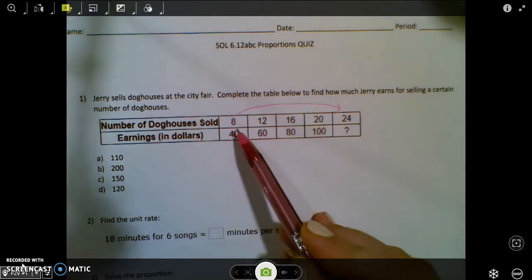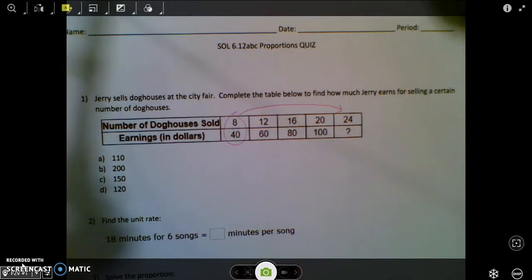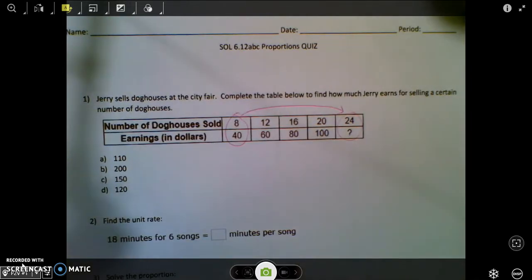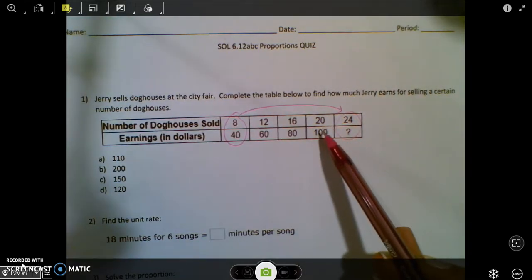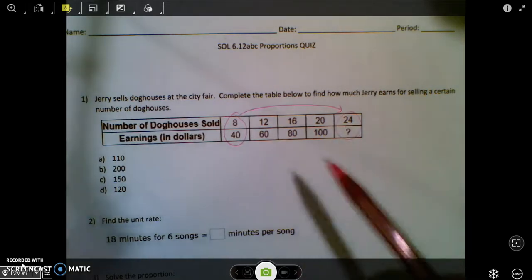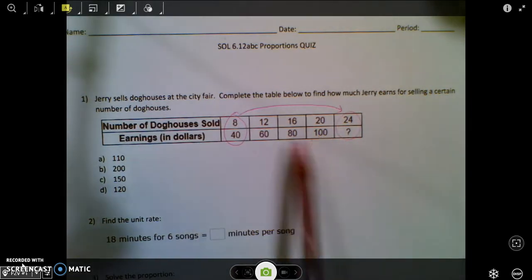Versus if I'm looking at right here, 8 to 40, I'm comparing it to 24 to question mark, and we're solving for question mark. I could use 20 to 100, however, I'd not be able to find a constant of proportionality between 20 and 24. But I can between 8 and 24.